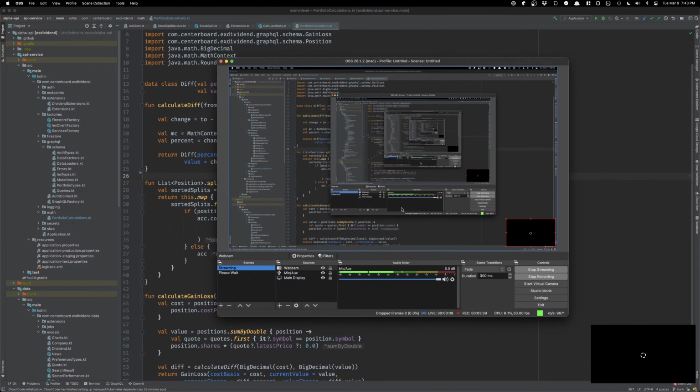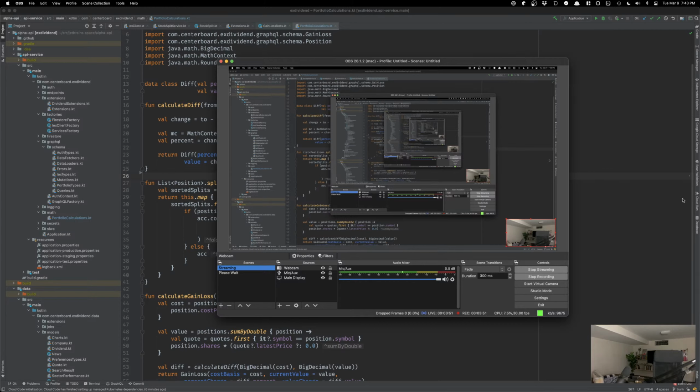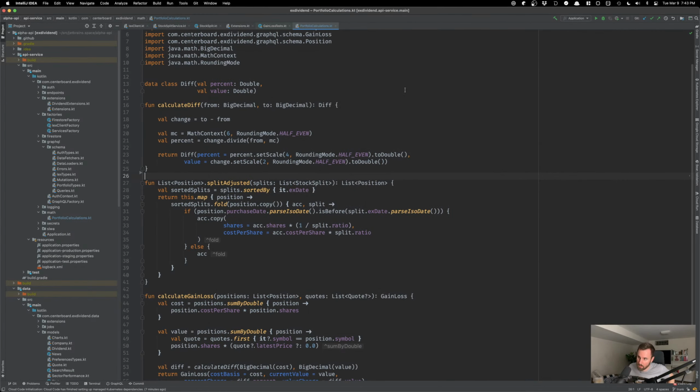Okay, I think that's better. Or at least I hope that's better. Okay, just need to plug the mouse into a different port. Of course. All right, computers these days.